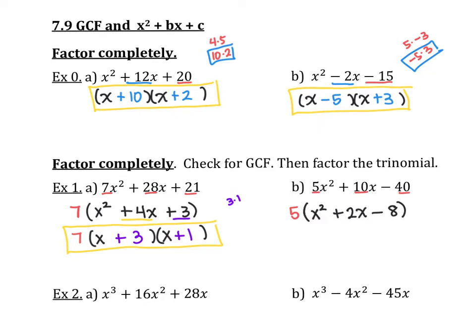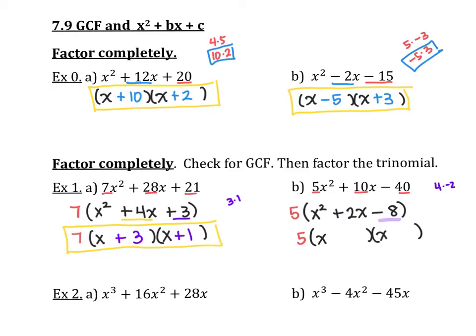I did take out the greatest common factor, but because I know more now, I'm going to look at the trinomial and see if we can factor the trinomial more. Because it's x squared, it's going to be x times x. And then let me look at the last number. Think about what I multiply to get negative 8. Let's see, negative 8 is 4 times negative 2.